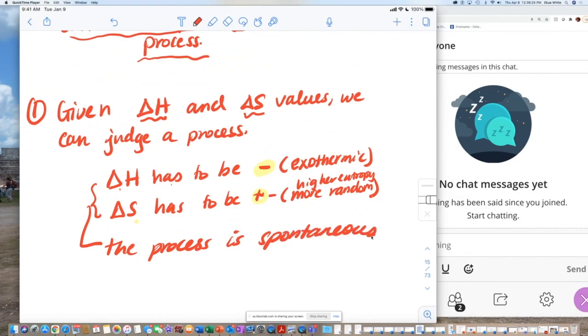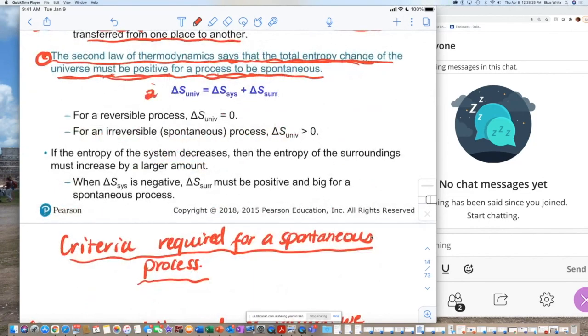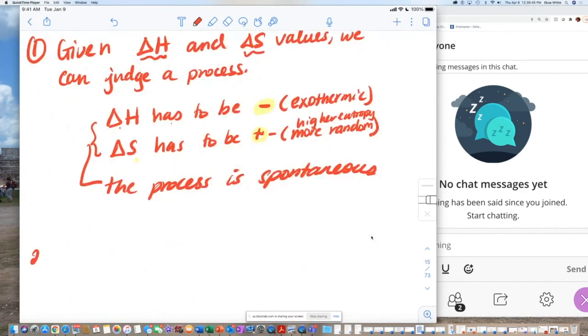The second thing is noted right here. Since the second law of thermodynamics says the entropy of the whole universe must be positive for a process to be spontaneous, if you have the delta S value of the universe, you can use that instead of number one.